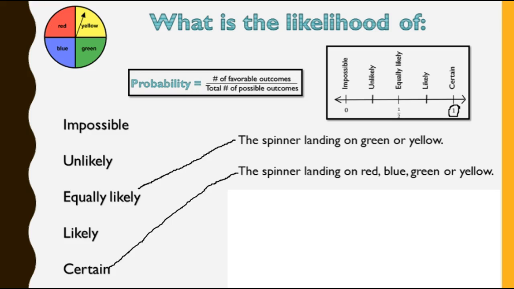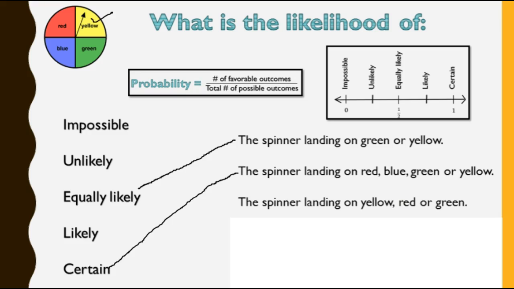Let's look at the next one. What's the probability that the spinner will land on yellow, red, or green? So yellow, red, or green. There's 3 favorable outcomes. And there's 4 total possible outcomes.